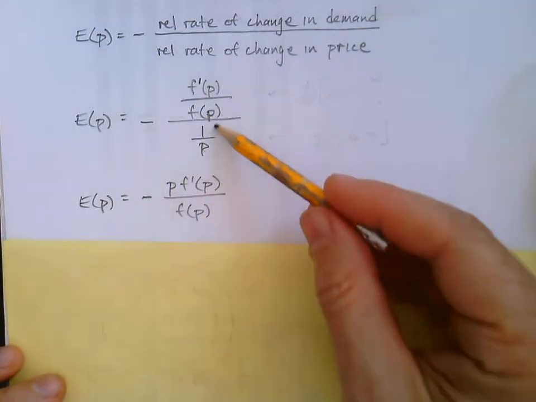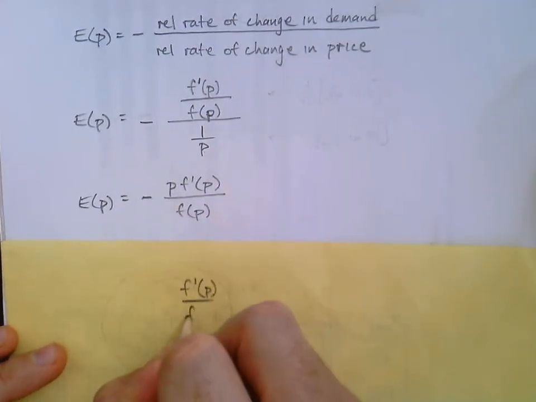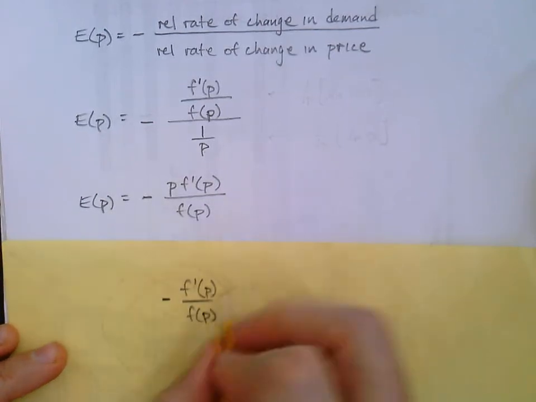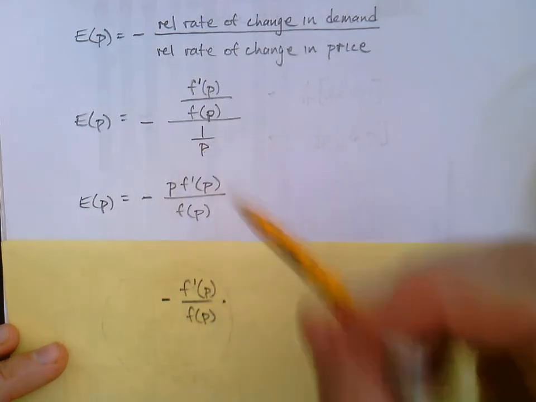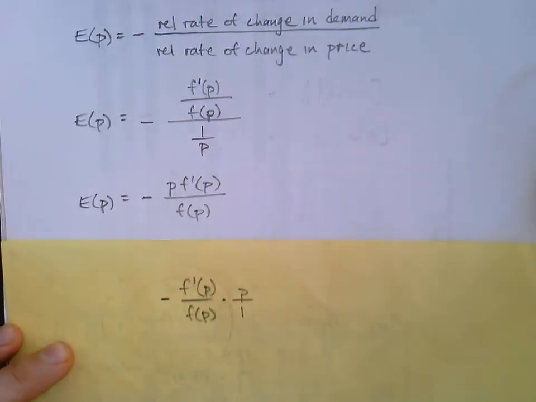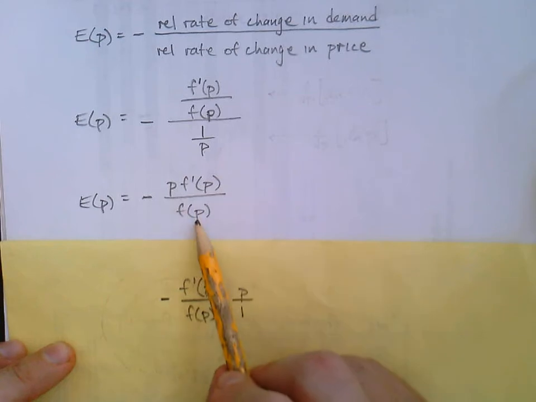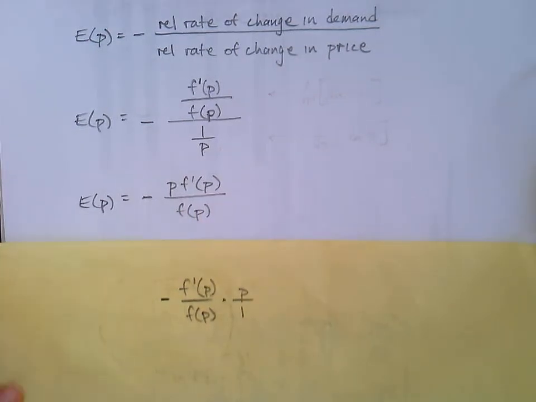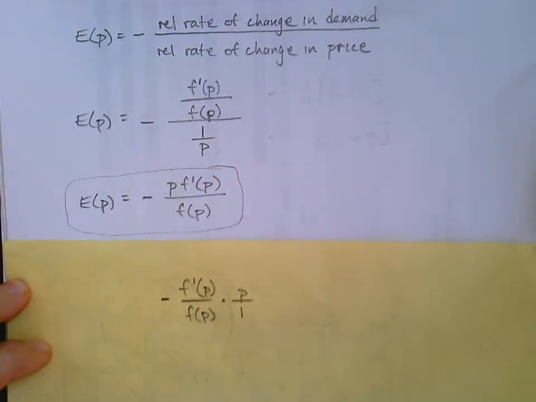And if you're wondering how we would see that, well, I didn't include this step, but if we're ever dividing a fraction by a fraction, we can flip this over and multiply. Flip the 1 over P to be P over 1. And then when these multiply, you can see it there, negative P times f prime of P over f of P. This is our elasticity of demand formula. That's what we're going to use.